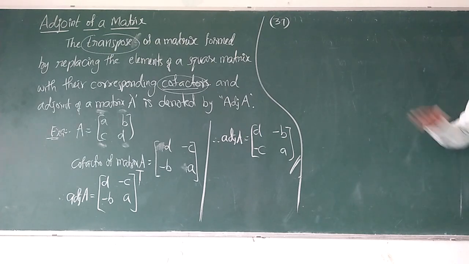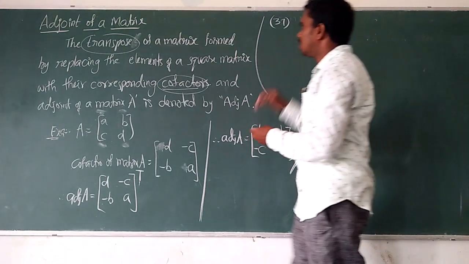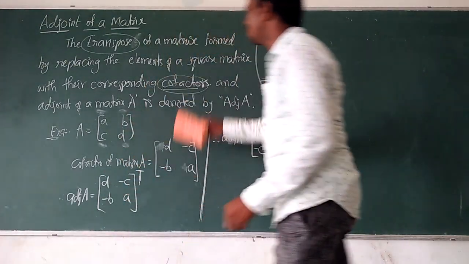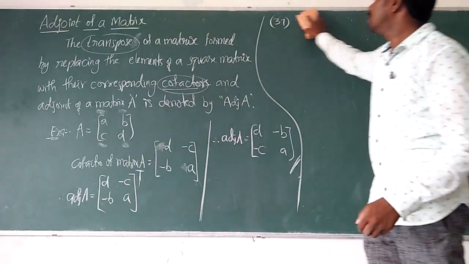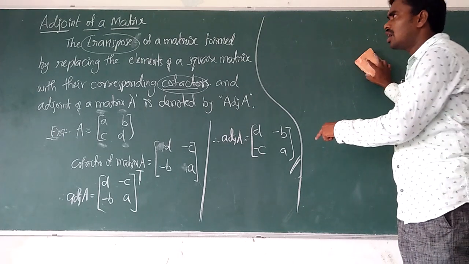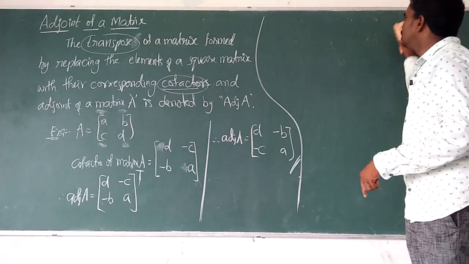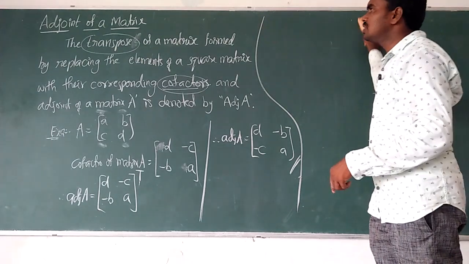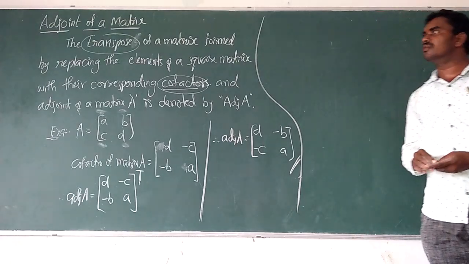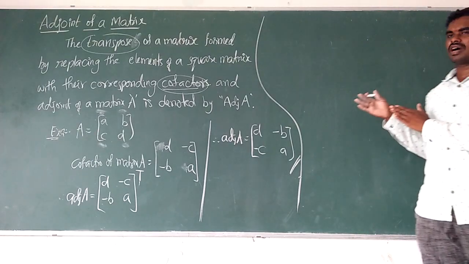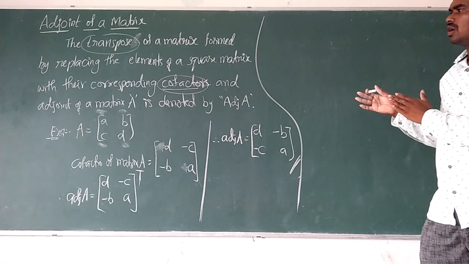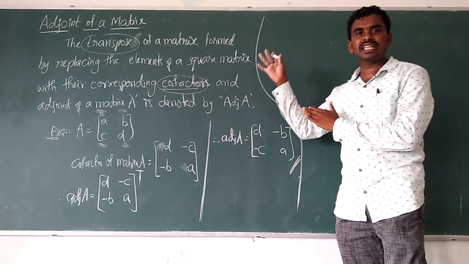Before going to a few questions, one more definition. I think you understood exactly how to find it. For the 3 by 3 adjoint matrix also I will explain; that will come in the 4 marks question. So in the next video, the next class, I will explain how to find the adjoint of a 3 by 3 square matrix.